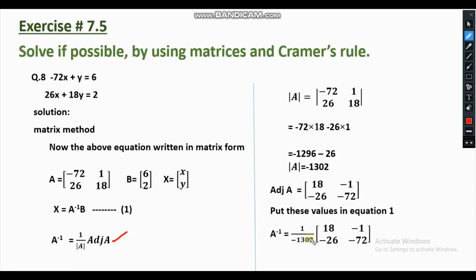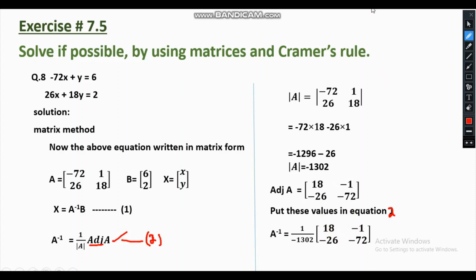We know that the inverse of A is equal to 1 divided by mod A times adjoint A. Call this equation 2. So A inverse is 1 divided by minus 1302 and the adjoint of A values are this. So we can write it in this form.